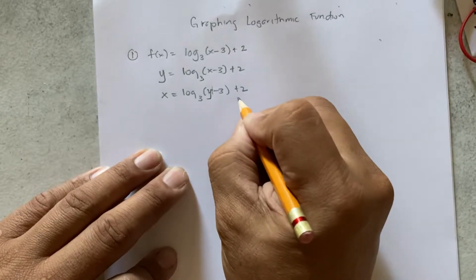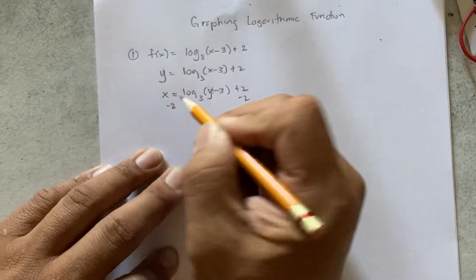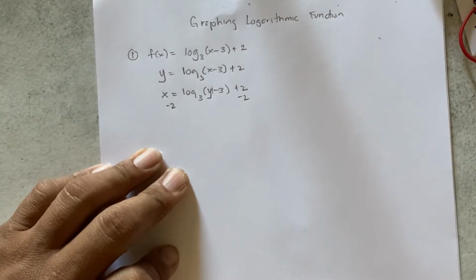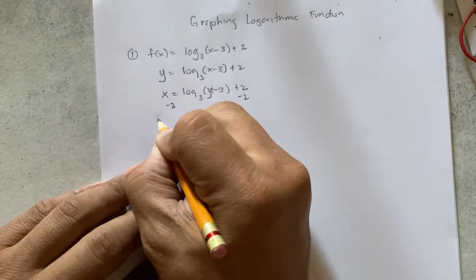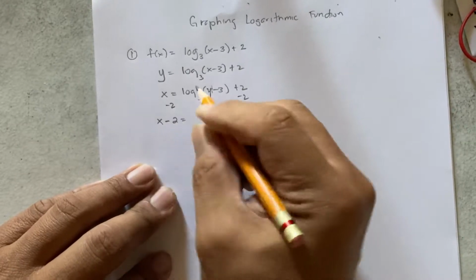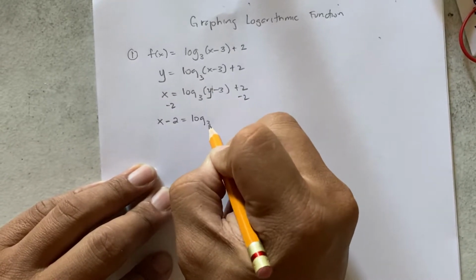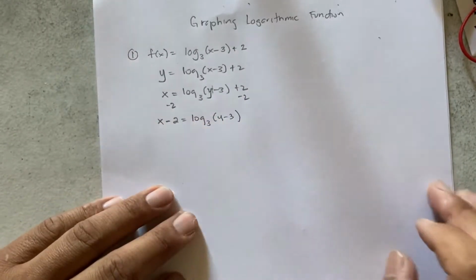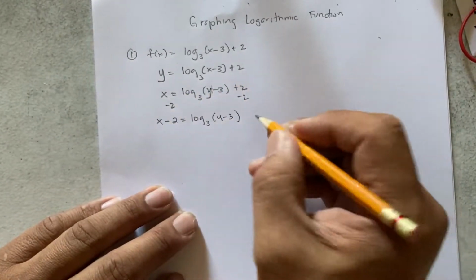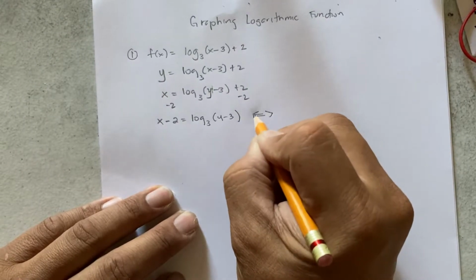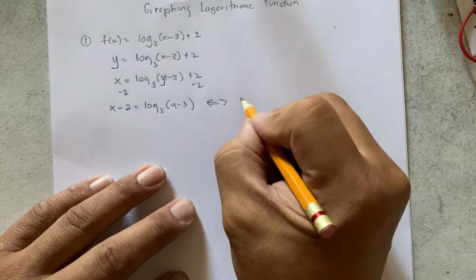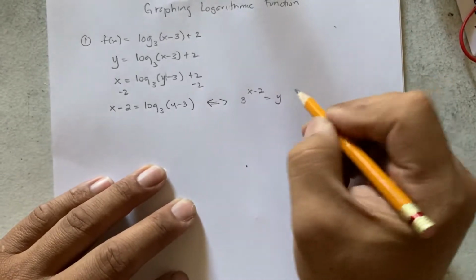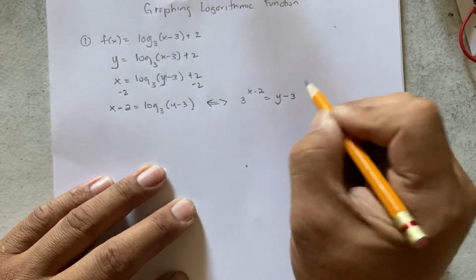Okay, I'm going to subtract 2 from both sides. So you subtract 2. Then on the left side of the equation, x minus 2 equals log to the base 3 of y minus 3. Okay, it's in logarithmic form. I'm going to change it to exponential form. So here, I'm going to put 3 raised to the x minus 2 equals y minus 3.